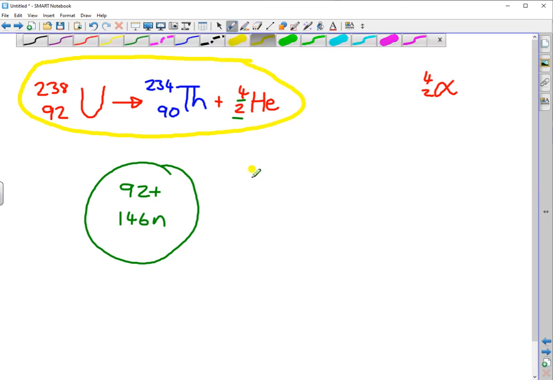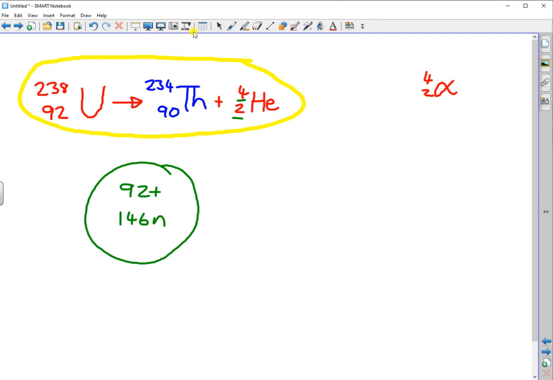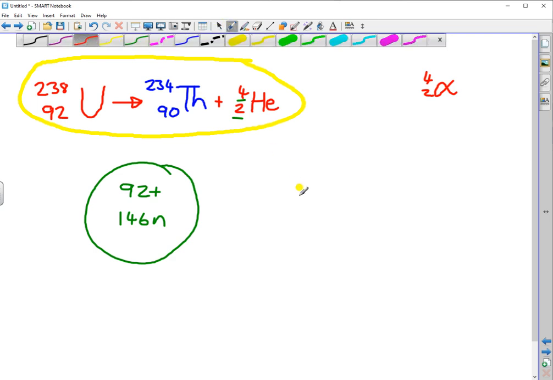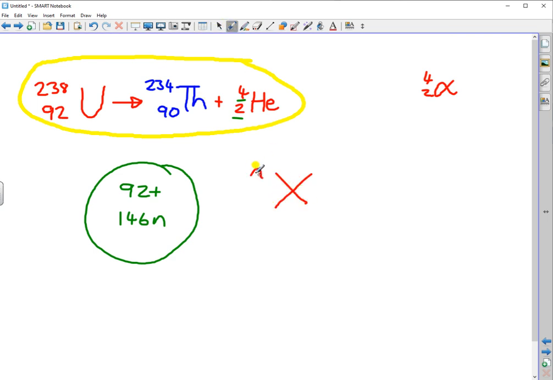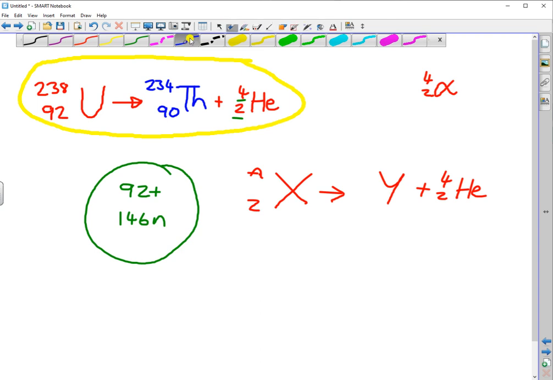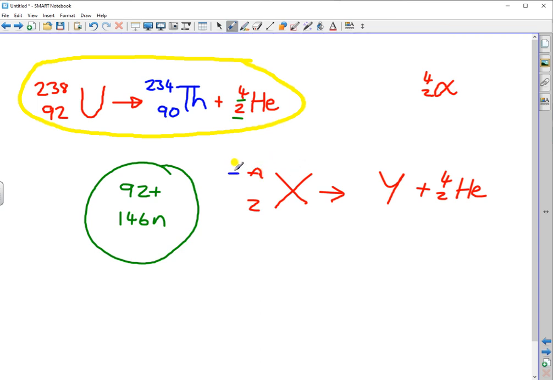Now, whenever anything decays by alpha, we've got to think about it like this. If we think in terms of, say, X with A on top and Z on the bottom, and this was decaying into something Y, because it is always 4,2 He for alpha decay, then the numbers which are missing, this A is the number of things in the nucleus, and this Z is the number of protons.